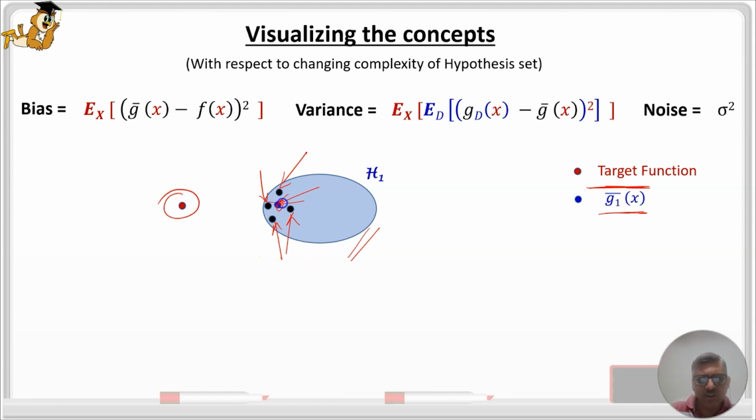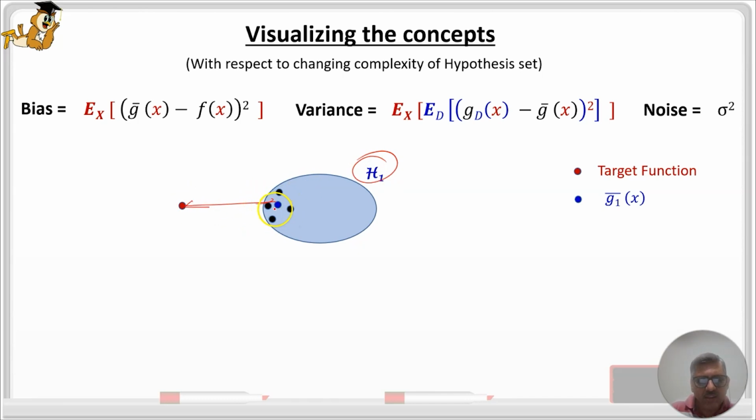This difference is because of the nonlinearity that we encountered, but it is sort of in the place which is near the target function, not on the periphery. The distance between the brown dot and the blue dot is the bias of the hypothesis set H1, right? So this distance is the bias of the hypothesis set H1.